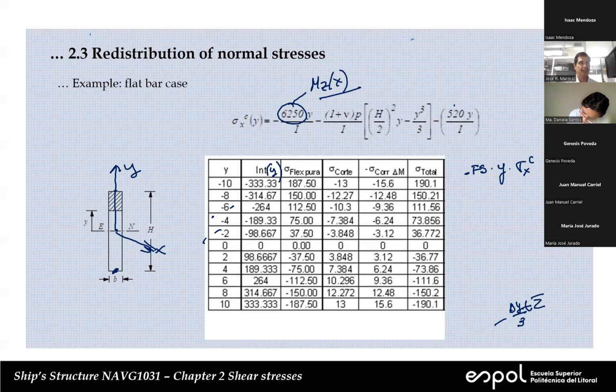There is no physical justification for that, okay? It's just that, and the results are decent. Finally, we combine, and we see that originally we had a stress of 187. If we include the influence of this shear, we turn into 190.1. So this is a small increment, right?